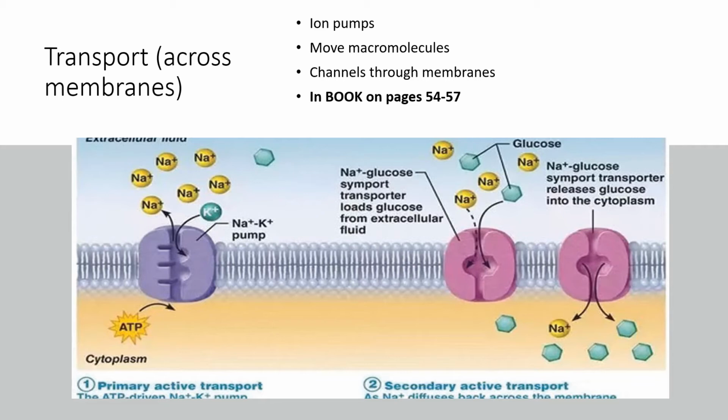Some transport proteins don't only move small things like ions, but they'll also move really big things. So let's say you need to get sugar from your bloodstream into your muscles. Well, sugar is too big. Sugar just doesn't fit across those membranes.